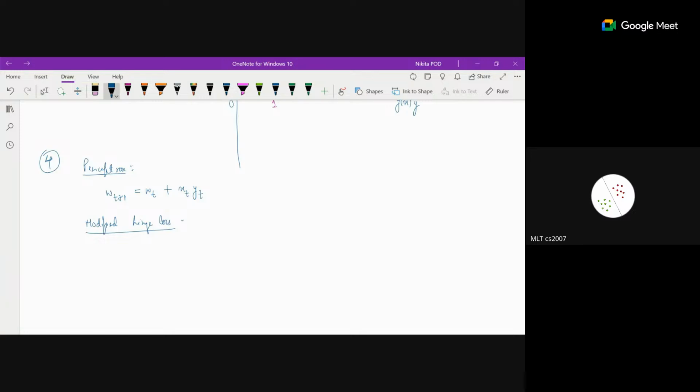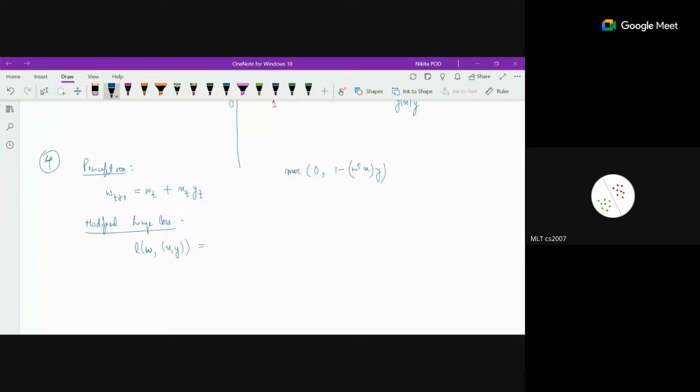So the way this loss is defined, L of w for any data point (x, y): earlier, for the hinge loss, we had defined it as max of 0 comma 1 minus w transpose x times y.